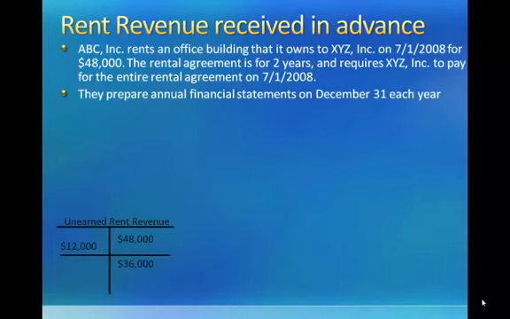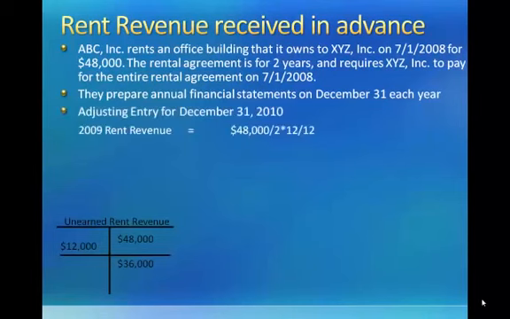If we continue with this example through 2009, we'll see that in 2009, the entire year's worth of rent would have been earned from the beginning of 2009 to the end of 2009. So in this case, the adjusting entry at the end of 2009 would actually be for the full $24,000, the annual rental revenue.